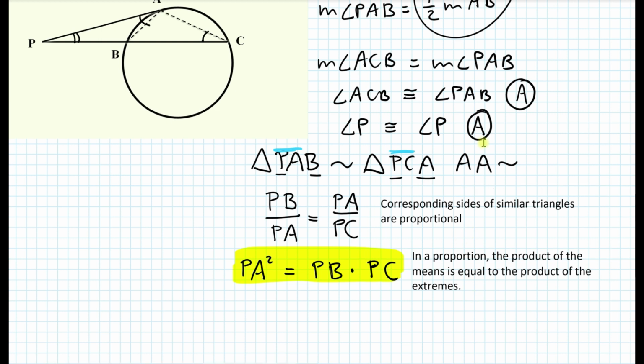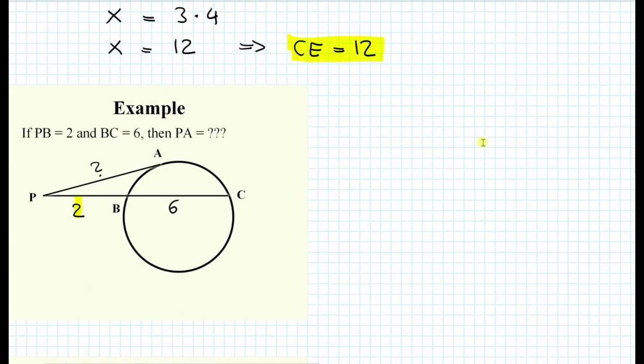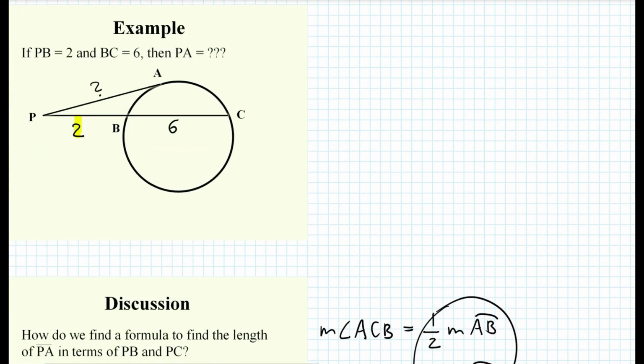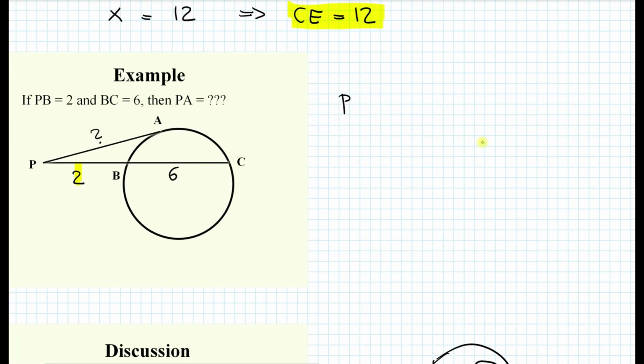So if we go back to the do now, we can easily solve for PA. PA squared is equal to PB times PC, which means that PA squared is equal to PB, which is 2, times PC.